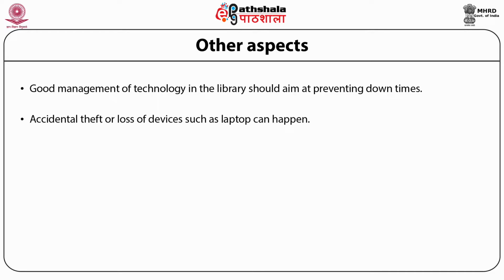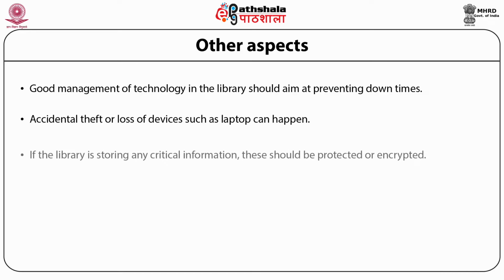The libraries should take measures to sensitize the patrons or library users about the need to take care of the devices, and this is one of the approaches to manage technology in the library. If the library is storing any critical information, it should be protected or encrypted.